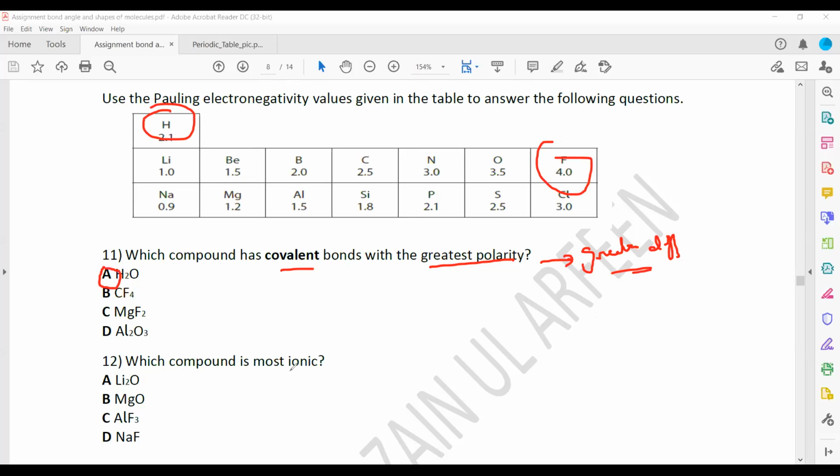Which compound is most ionic? Ionic is between a metal and a non-metal. So we have to check, because the first options, as you can see, are lithium oxide, magnesium oxide, aluminum fluoride and sodium fluoride.